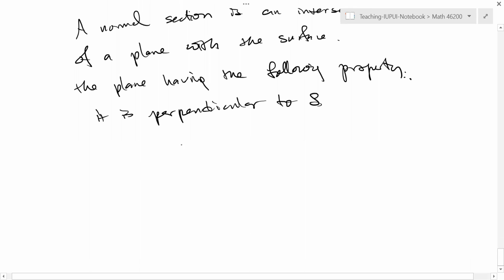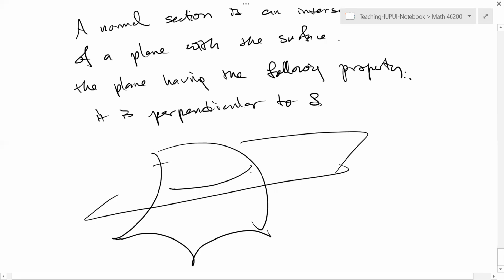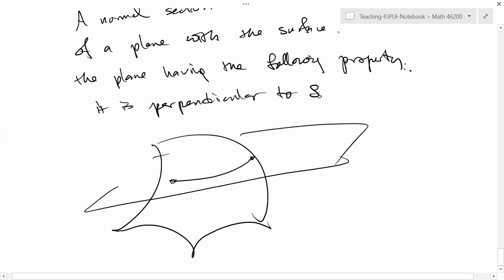If you just use a plane to cut a surface, this is not going to be perpendicular to the tangent plane in general. The two planes are not necessarily perpendicular.